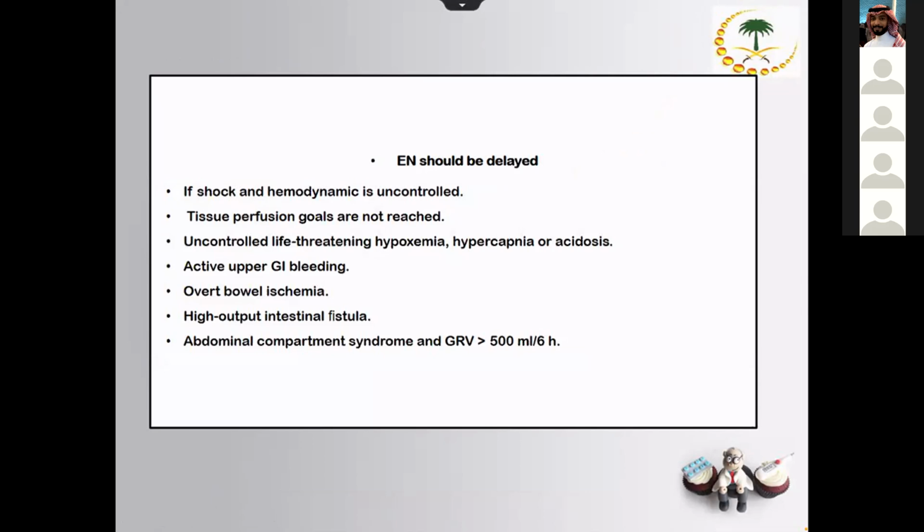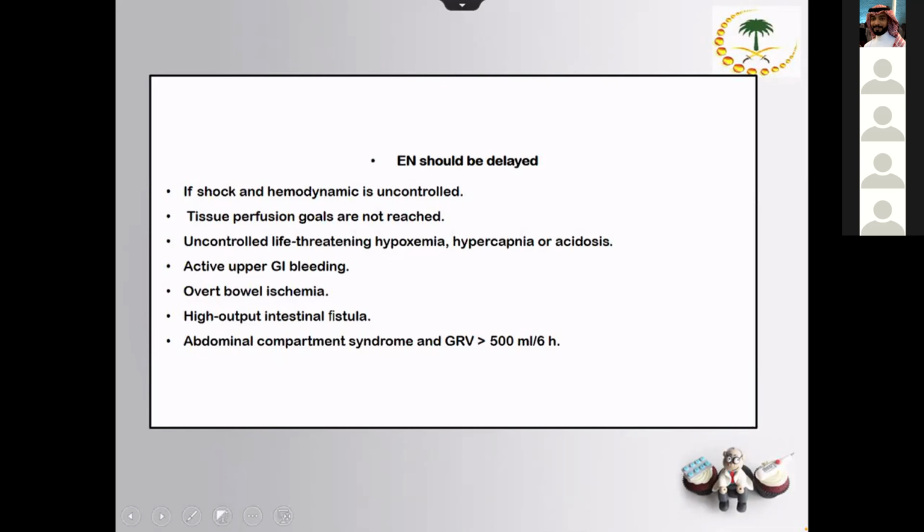So there are some points we follow to delay enteral nutrition, like active GI problems or bleeding, bowel ischemia, high output, intolerance, or fistula.